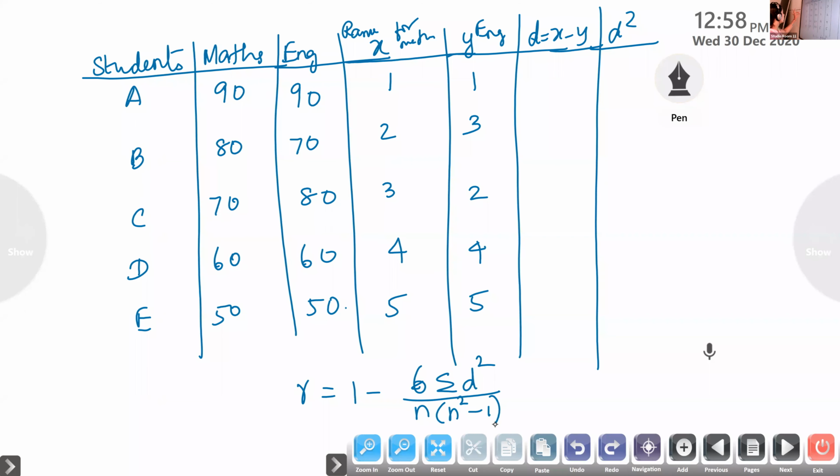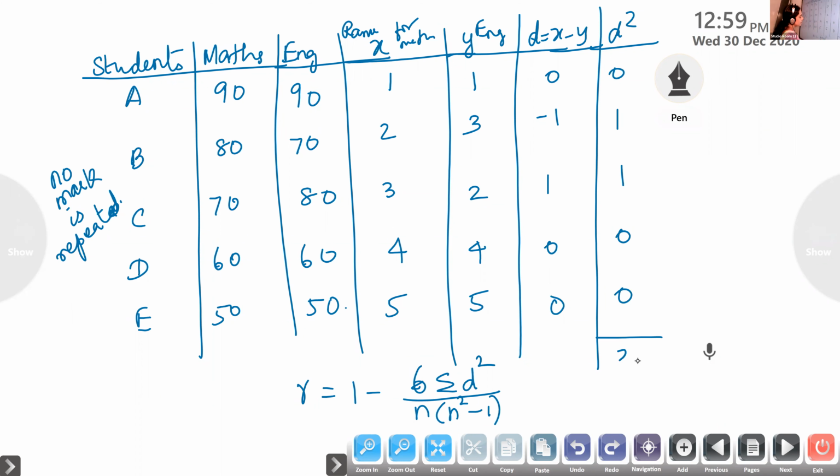Here, you have to note down that here no mark is repeated. All are getting the different scores. So what is D? Here it is 0, minus 1, 1, 0, 0. So D square is 0, 1, 1, 0, 0.